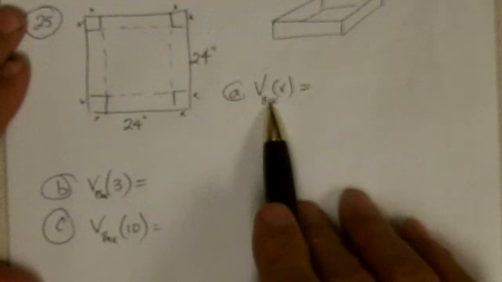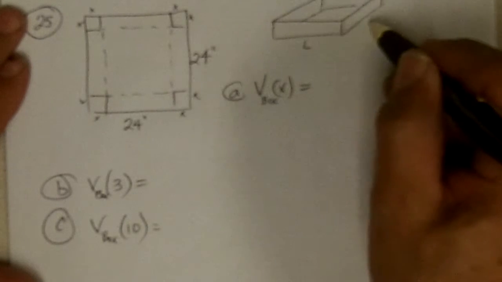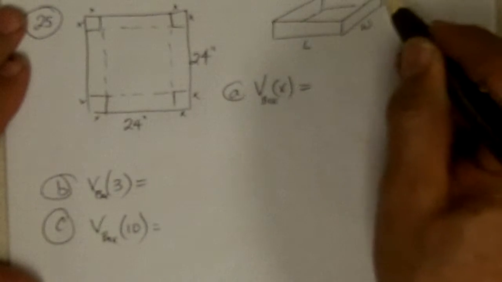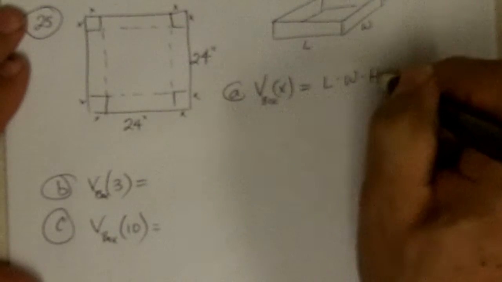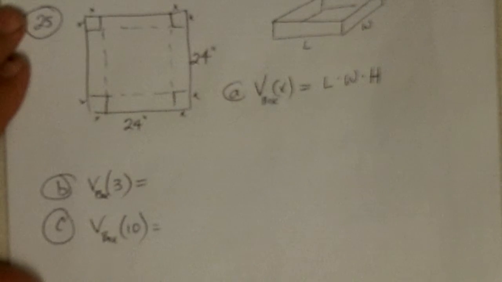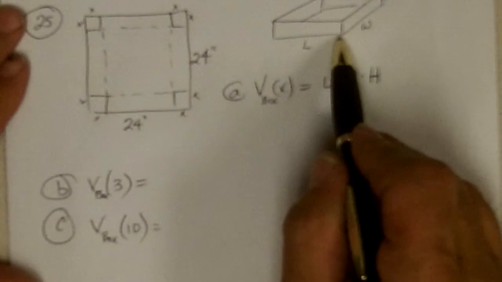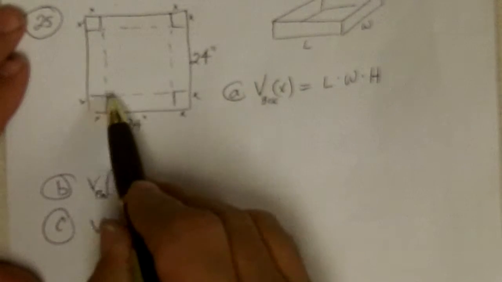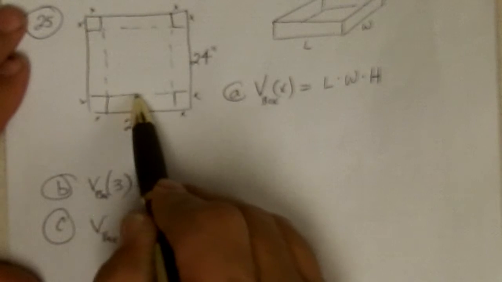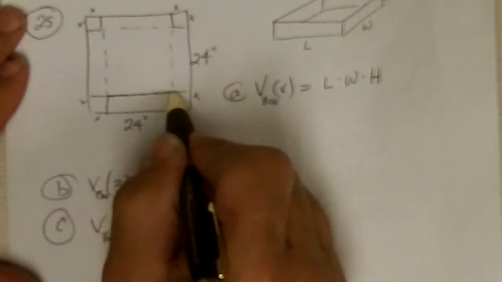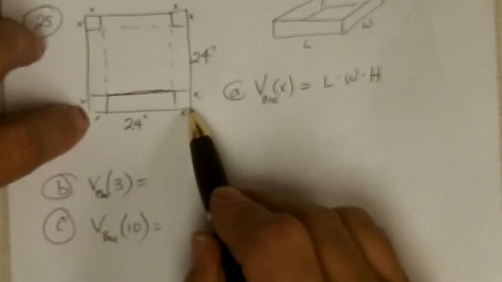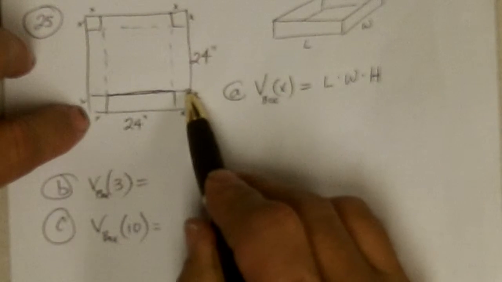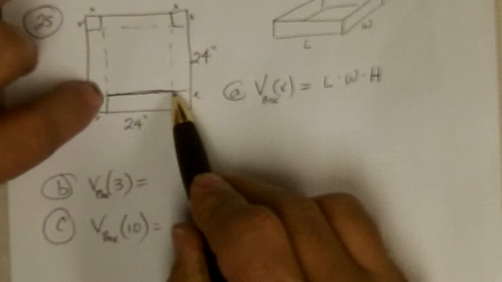Well, volume of box is length times width times height. Let's see. The length. That would be from, not from here to here, but from there to there. Well, that's almost 24. It's 24 minus x on this side and minus x on that side.